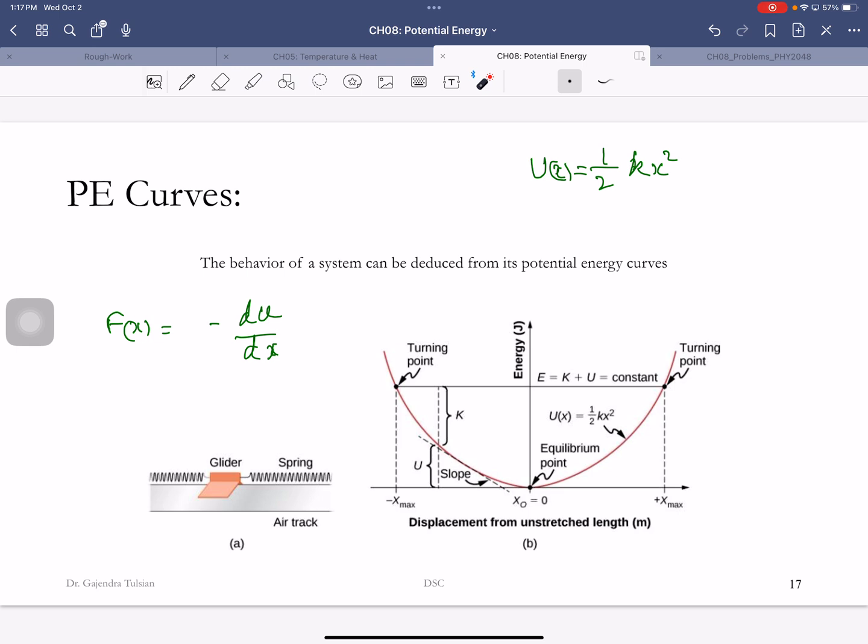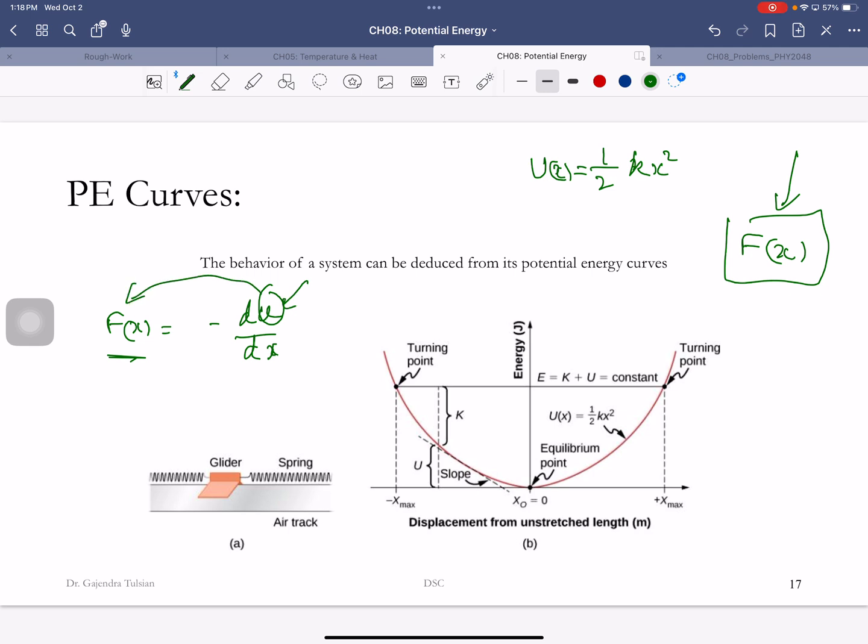If you want to describe a system, you want to be able to tell what force acts on it in any configuration. If you know the force acting on a system in any configuration, then you can describe its dynamics, how the system will evolve. Now you just learned that you can give the force function or the potential energy function, because once you have one, you can calculate the other.